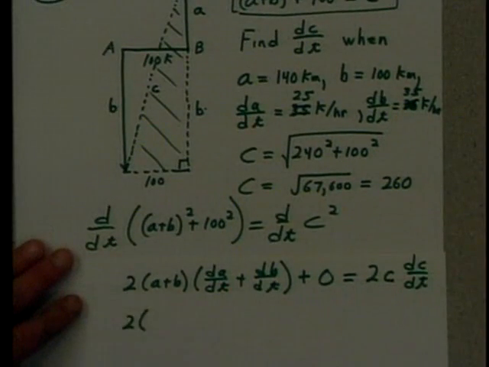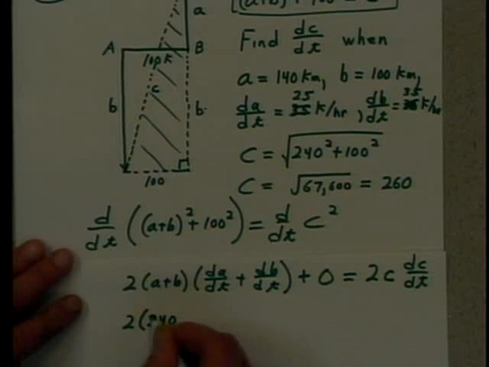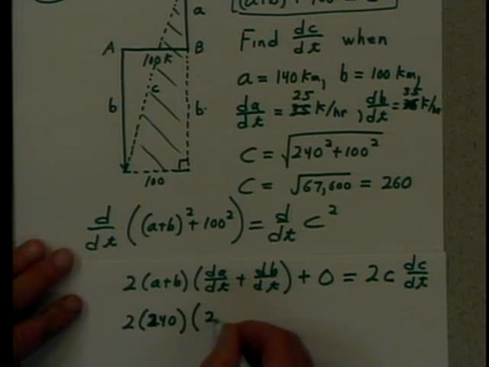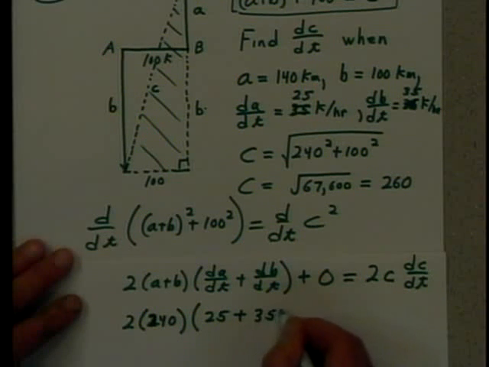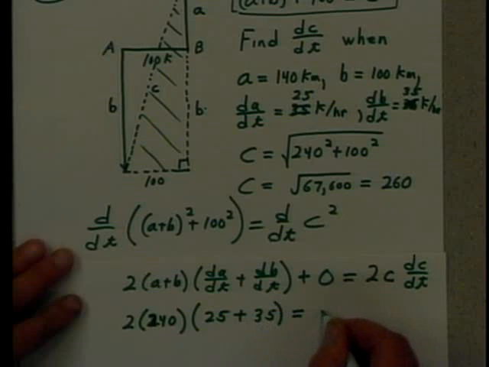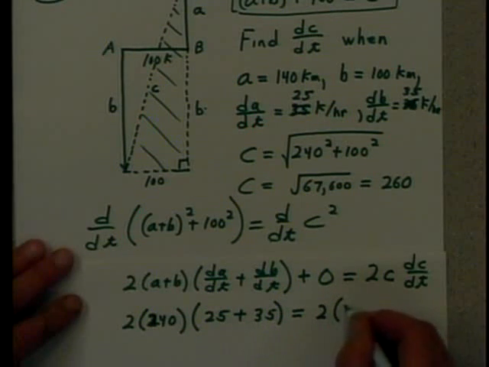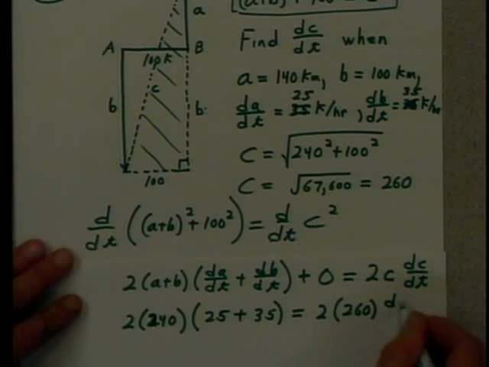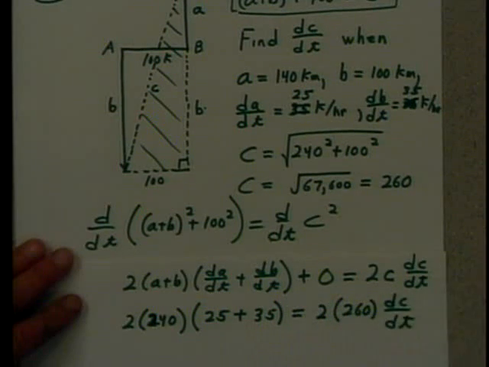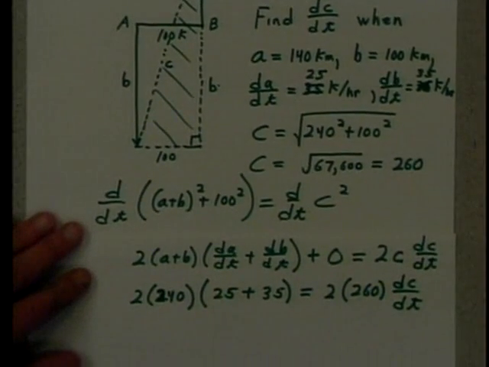All right, what's a plus b? 240, yeah. What's dA dt? 25. What's dB dt? 35. And that equals 2 times what? 260. And I do have a number for everything except what I'm looking for.